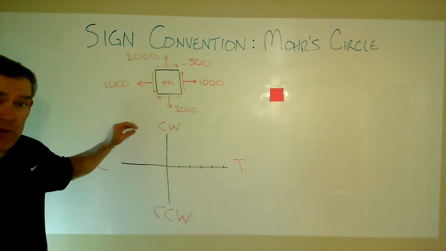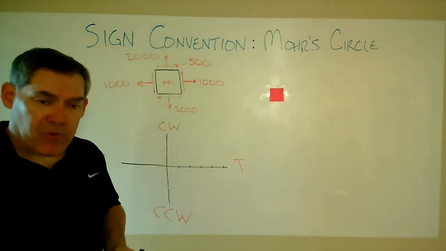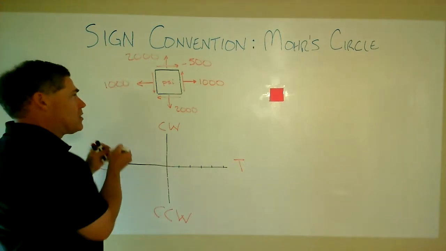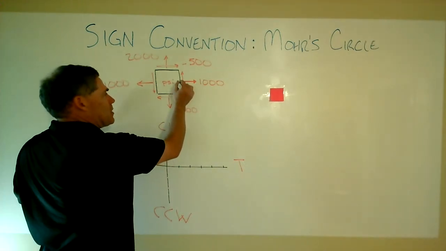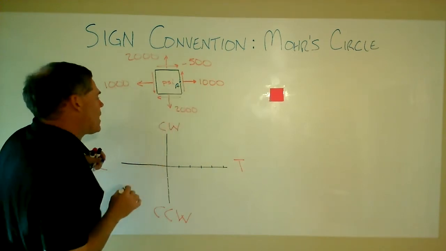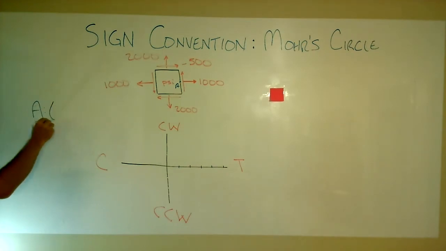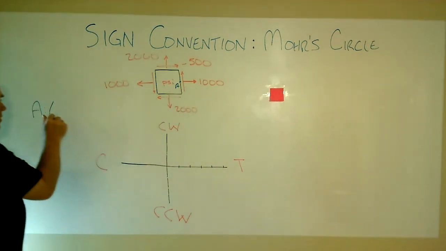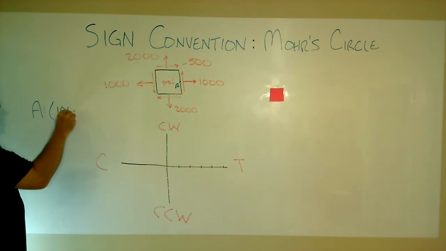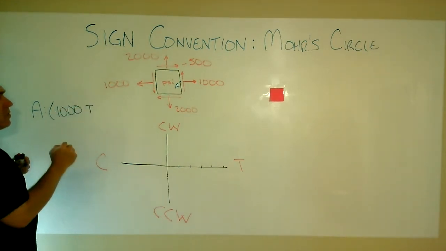Remember, in Mohr's circle, the first thing we want to do is label a couple of points that are at 90 degrees to each other. Let's start with the one that has an outward normal that goes to the positive x-axis, and call that point A. On that surface, we have a 1,000 psi stress that is positive, which means it's in tension.